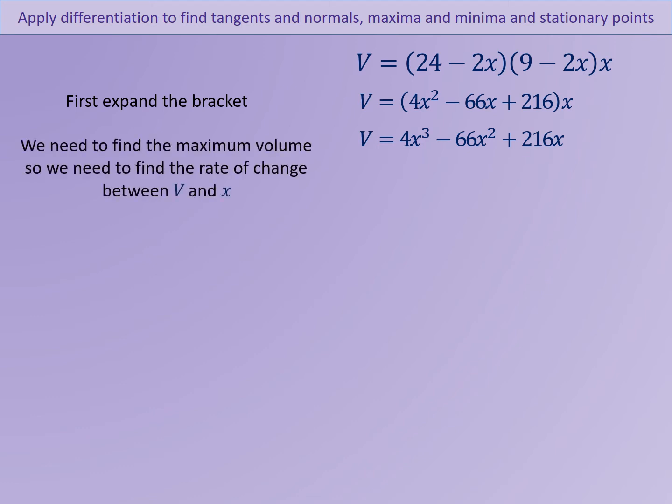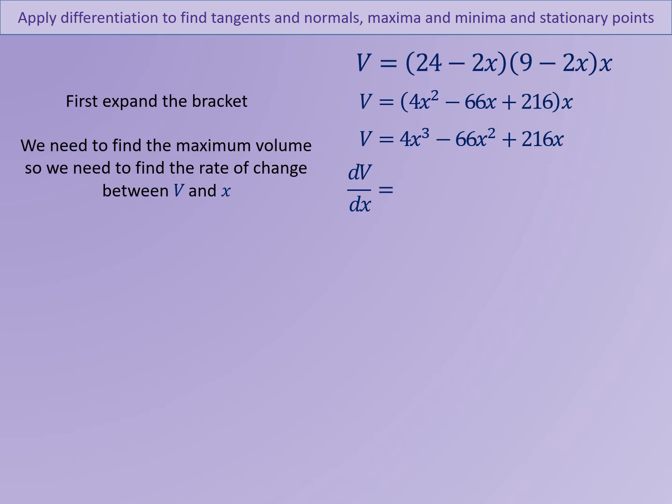So we need to find the maximum volume, so we need to find the rate of change between V and x. We need to find the gradient function so that we can then find where the maximum value is occurring on the original volume curve. So make sure that we write or use the correct notation. When we were dealing with equations of y in terms of x, then the gradient function was dy by dx.